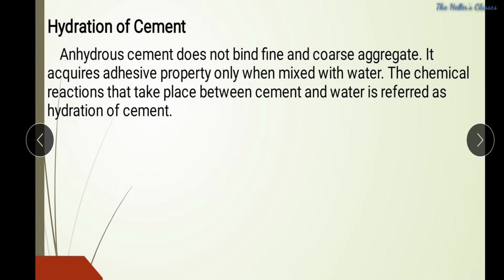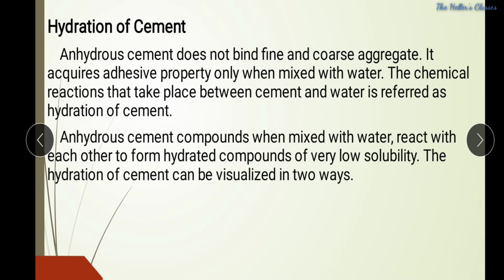Likewise, anhydrous cement won't bind with the coarse aggregates unless a little water is added, because a chemical reaction takes place between the cement and water, and only then does it bind into a solid formation.